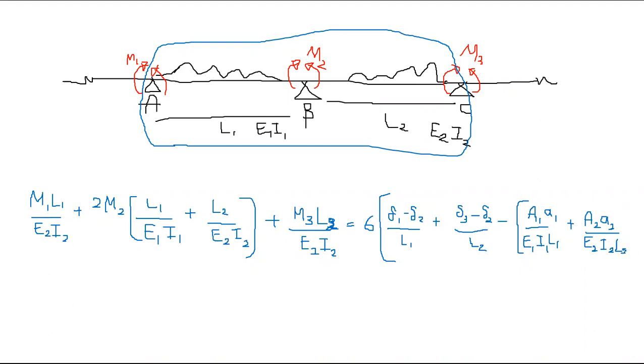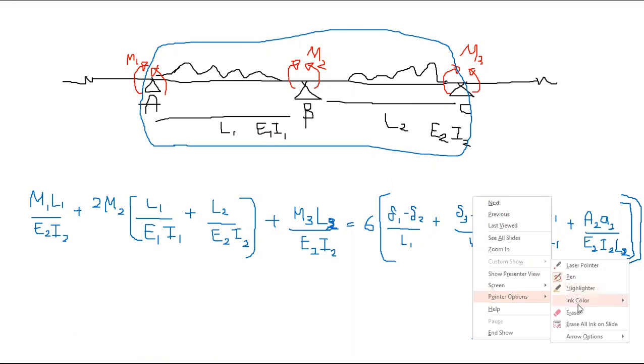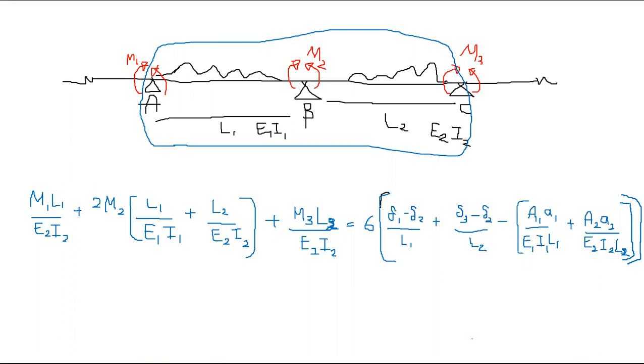This is L2. Okay, so we close the bracket and close the furthermost bracket. So now you have these brackets. So this bracket is applied, 6 is applied for all these portions, right?